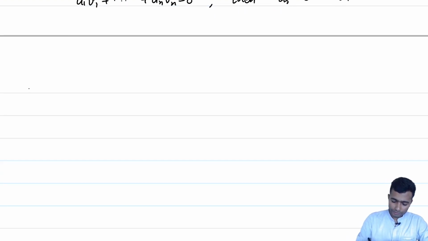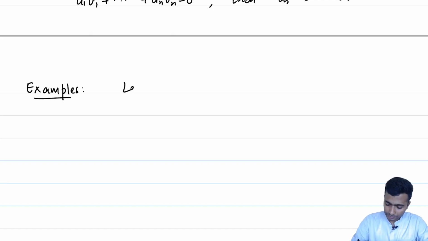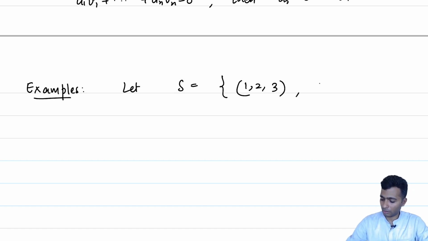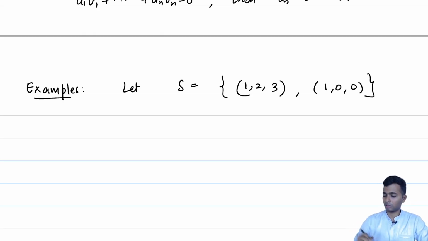Okay, so let us look at a few examples. Let us consider the following set. Let S be equal to {(1, 2, 3), (1, 0, 0)}.